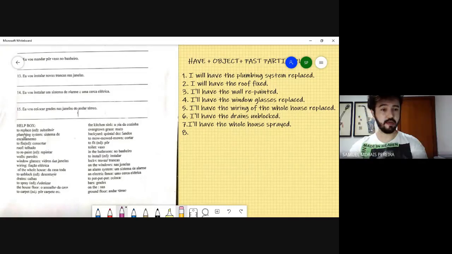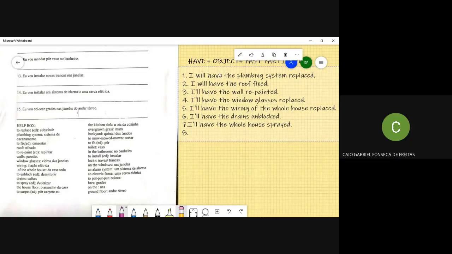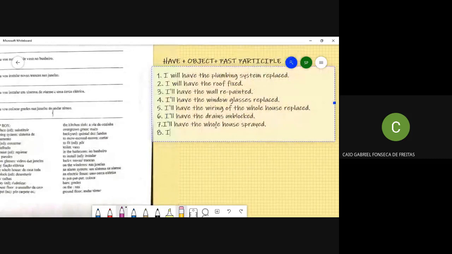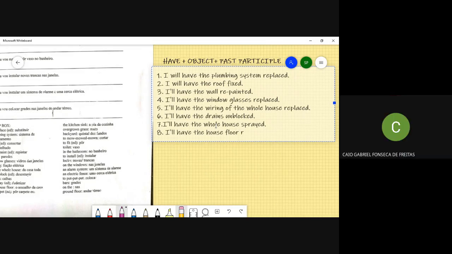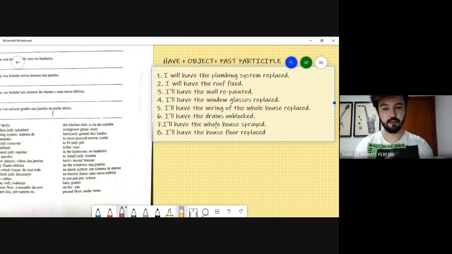Ok. Trocar é replace. Yeah. So it will be, I will have the house floor replaced. The whole. Yes, the house floor replaced. Exactly. I'll have the house floor replaced.